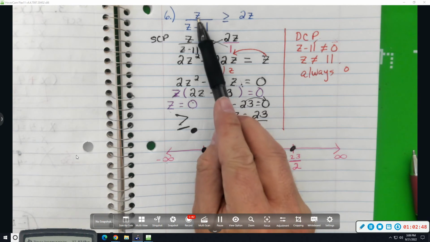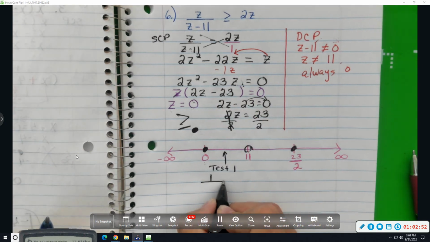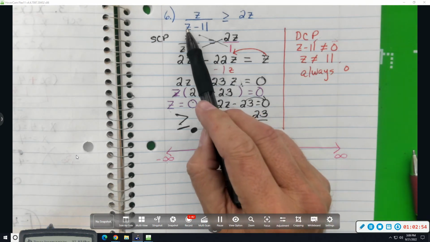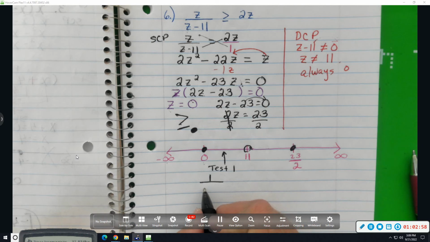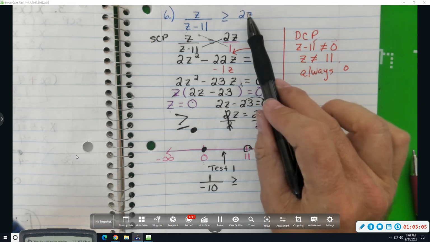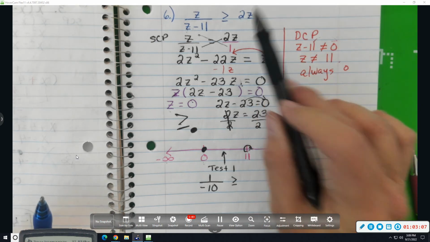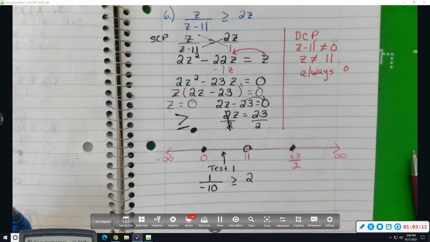So I'm testing 1. Plug it in up here. On the top, we'd have a 1. On the bottom, 1 minus 11 is negative 10, is greater than or equal to 2 times 1. Would that be a 2 on the right-hand side?